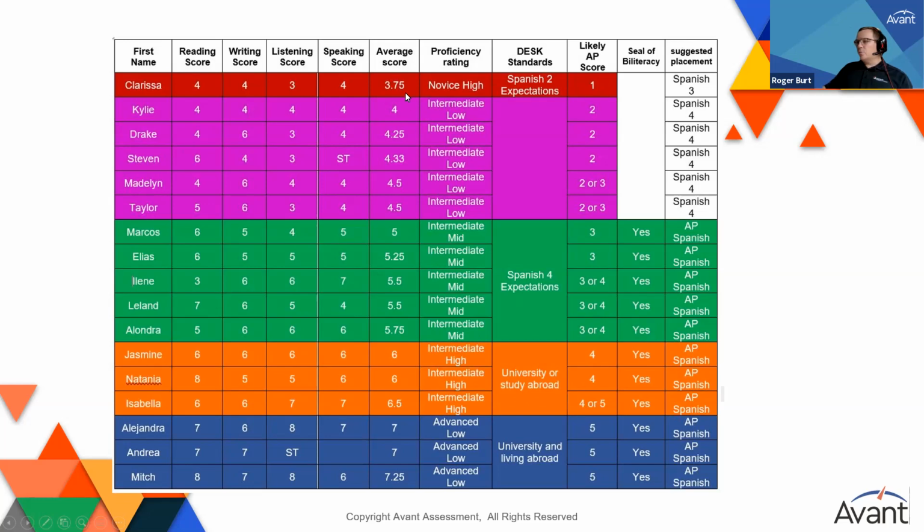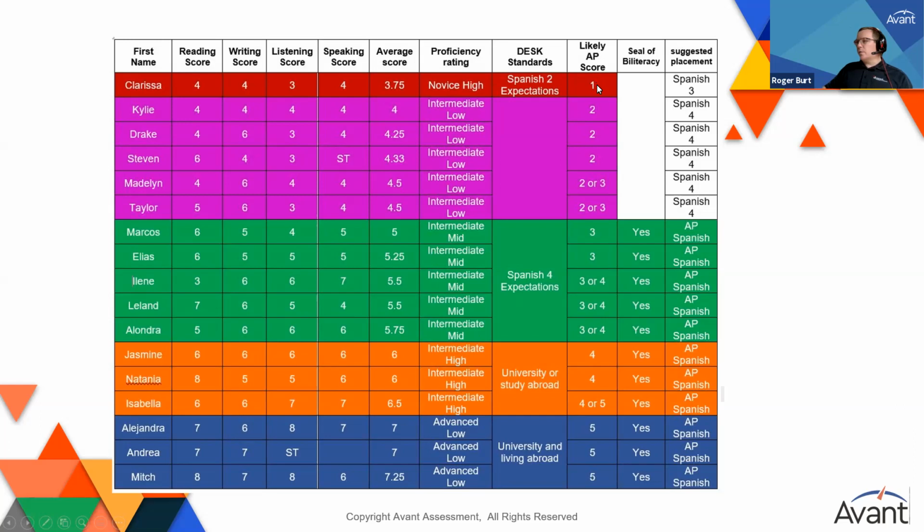We have their average score or their composite score. And then based on that composite score, we have their proficiency rating, and then DESK standards, that's standards for our Davis School District. So you can see here, for example, Clarissa had a composite score of 3.75, which is novice high, approaching intermediate low. So she had met the Spanish 2 expectations.